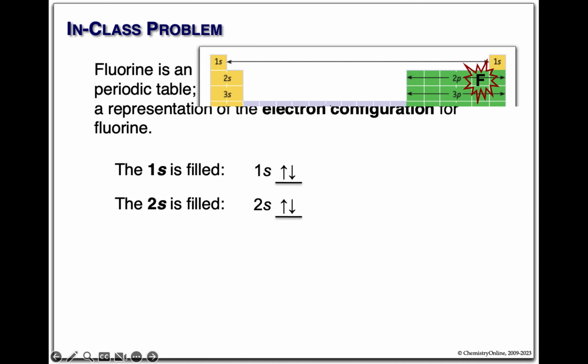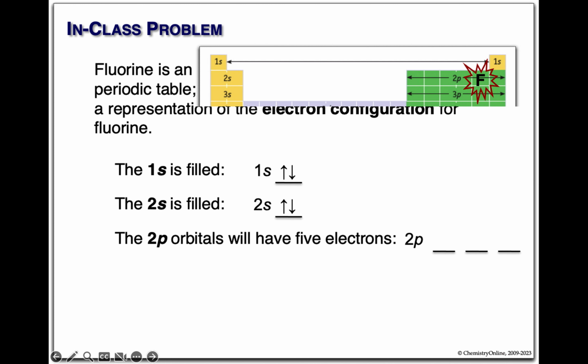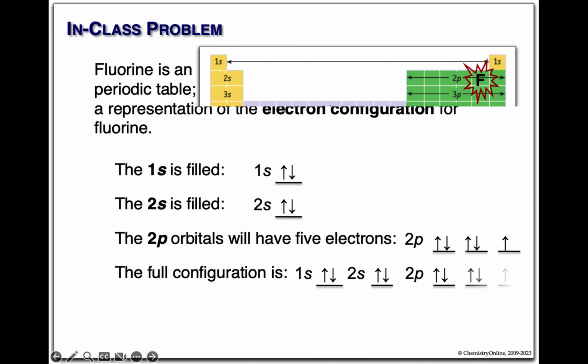So the first thing we would do is put 1 electron in each orbital, and then we would pair them up until we use up all 5. The configuration would be this, but on an exam, this is what you would write. Any questions?